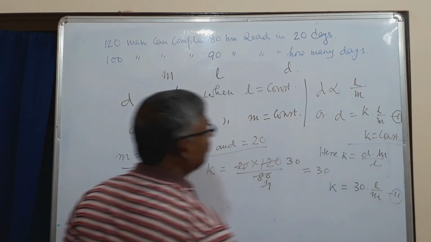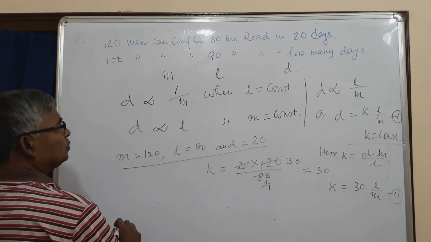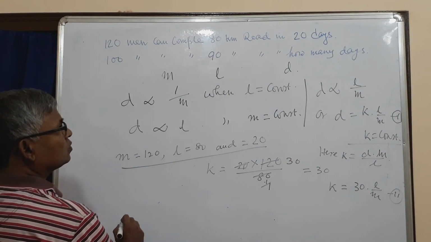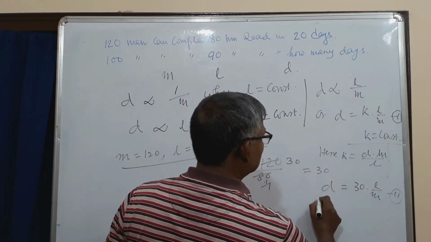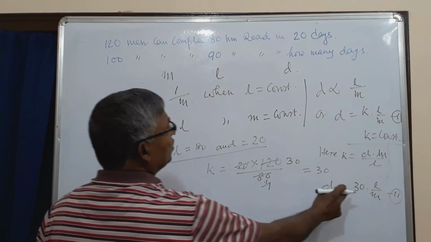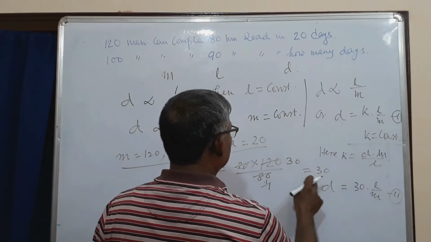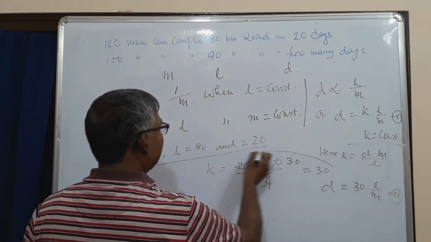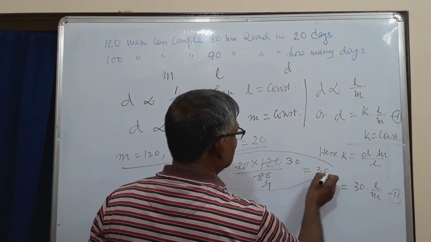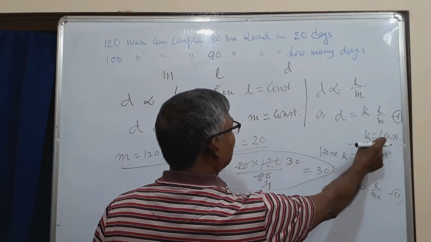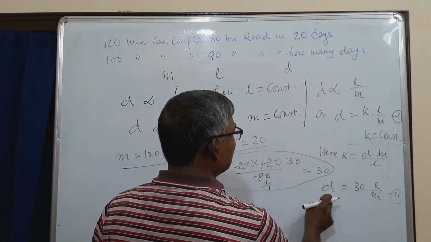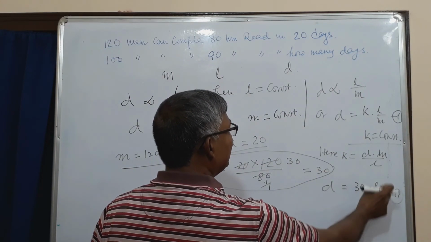Suppose it is 2. Now here the relation is d equals 30 into L by m. What is the value of k? It is 30. So we put the value of k here, that is d equals 30 into L by m.